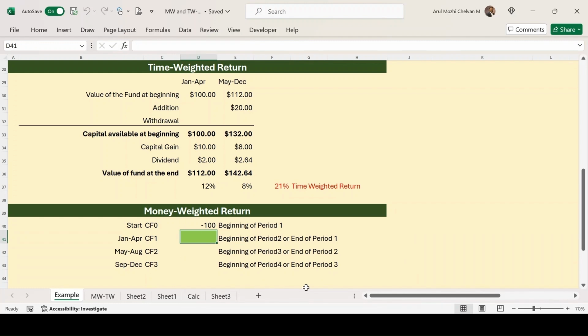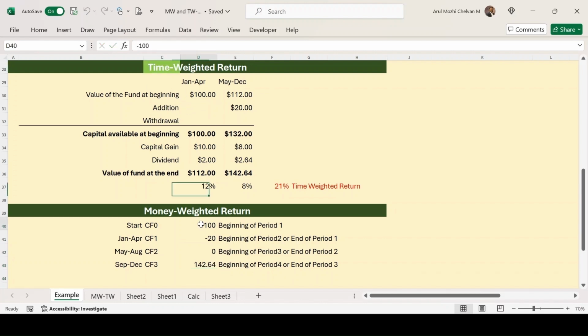It is a cash outflow for the investor, so we put minus $20 million here. There is no cash flow at the beginning of period 3 or end of period 2, so we will put 0. And finally, at the end of period 3, because we have only 3 periods, the cash inflow for the investor is 142.64.